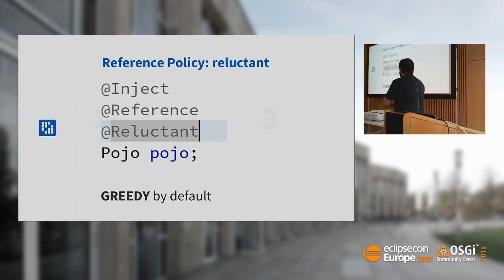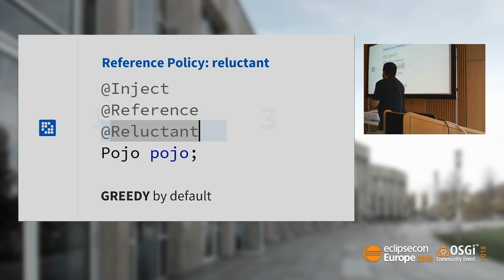And then how do you deal with greedy or reluctant? We have learned from not necessarily the mistakes, but things we didn't realize were necessary that we would have liked to do differently in declarative services.